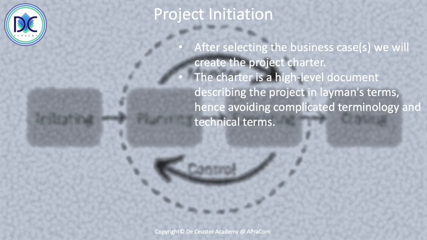The reason is to avoid complicated terminology and technical terms, because the charter can be read by people who don't have all the technical knowledge, and putting too much information in there will not lead to satisfaction of all the stakeholders. The stakeholders want to understand what the project is about, so we have to explain it in a way that the people can understand it.